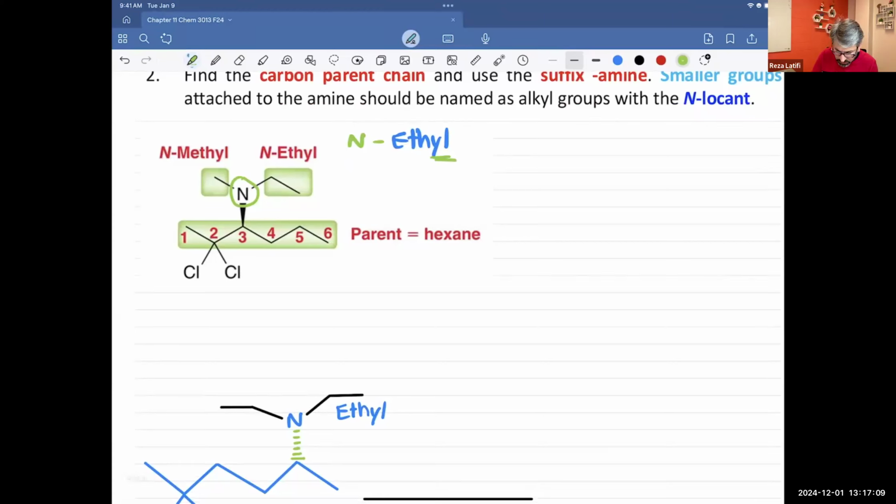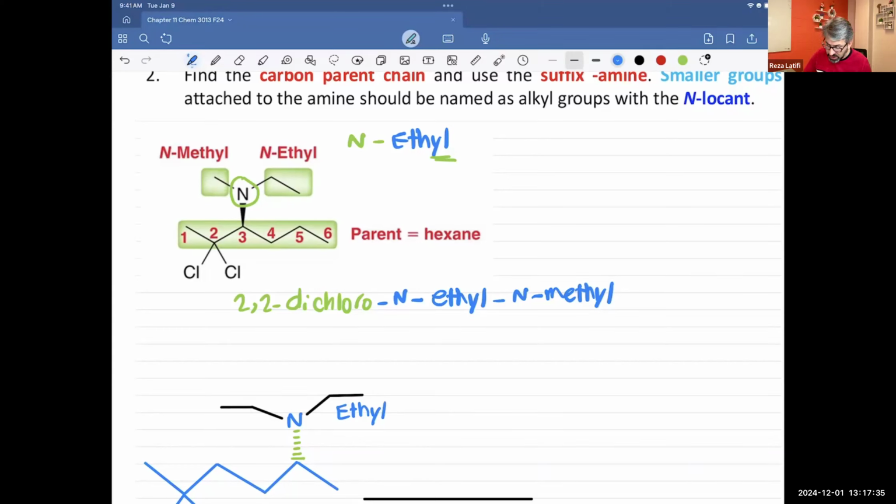We will get 2,2-dichloro. Next, I go N-ethyl. Next one will be N-methyl. Now I have 6 carbons, and also I have a functional group that is amine.